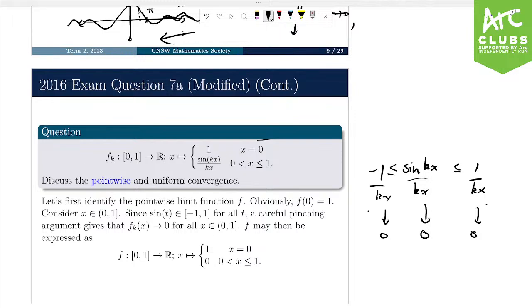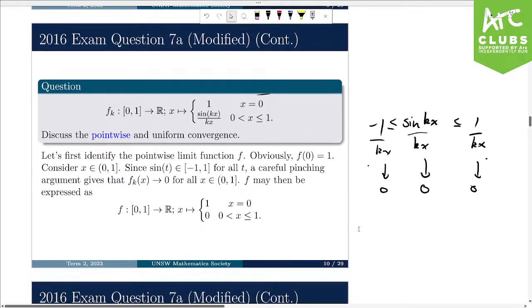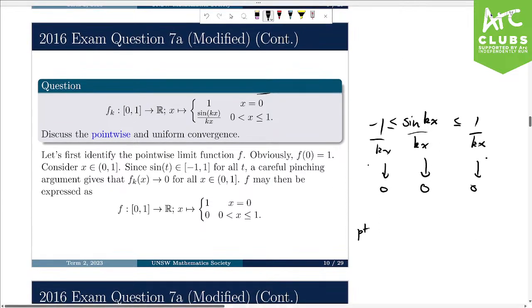If something converges pointwise to some f, and uniformly to some g, and these are different, there'll always be some point between these that don't agree.